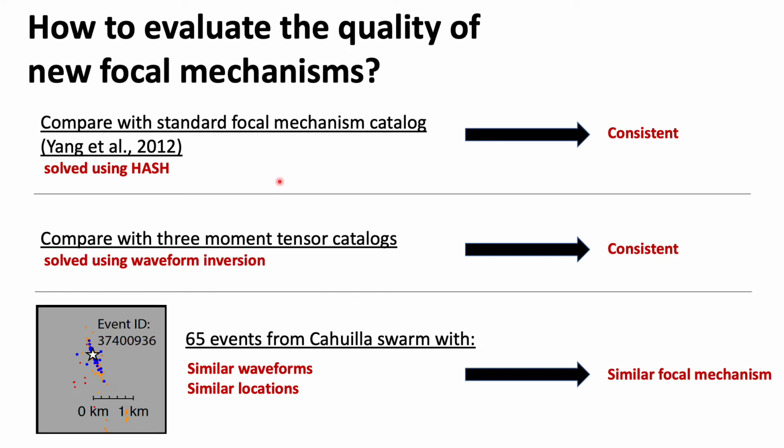To check the quality of the new catalog, we compared it with the standard catalog to see whether they are consistent or not. We also compared both the new catalog and the standard catalog to see which one is more consistent with the moment tensor catalogs solved using waveform inversion methods. Furthermore, we checked the similarity of focal mechanism solutions of the repeating earthquakes with similar locations and similar waveforms.